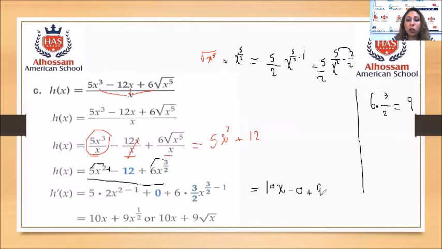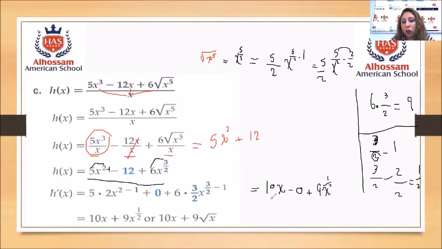And then 3 over 2 minus 1, let's do it here also in our draft. What I have to do now is subtract, replacing 1 by the denominator, so 3 over 2 minus 2 over 2, which finally will be 1 over 2. So here it will be x to the power of 1 over 2. If you look at the first one, I can write it as it is, and the 0 will be cancelled.